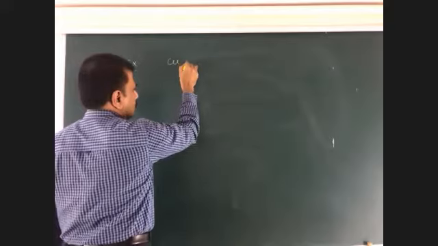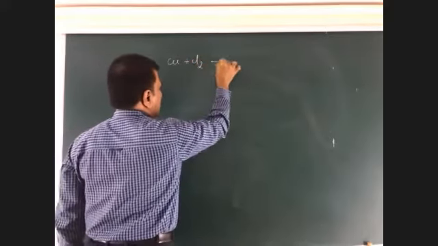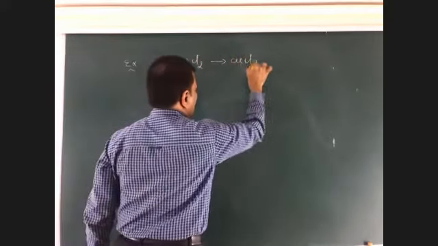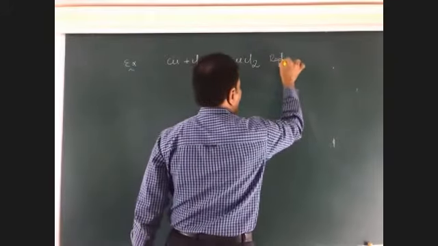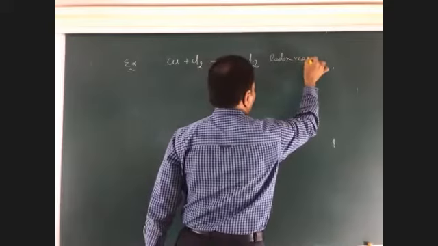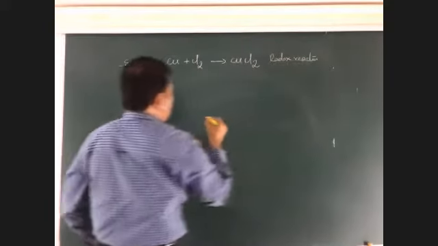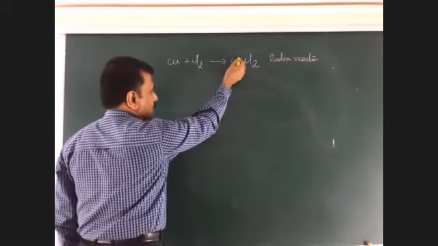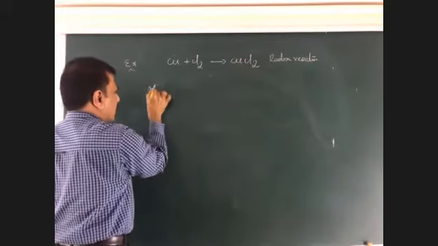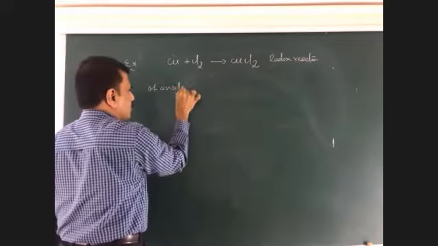This is one more example. Cu plus Cl2 to form CuCl2. This is a redox reaction. Cu changes to Cu plus 2, so oxidation takes place. At the anode, we have to write oxidation.